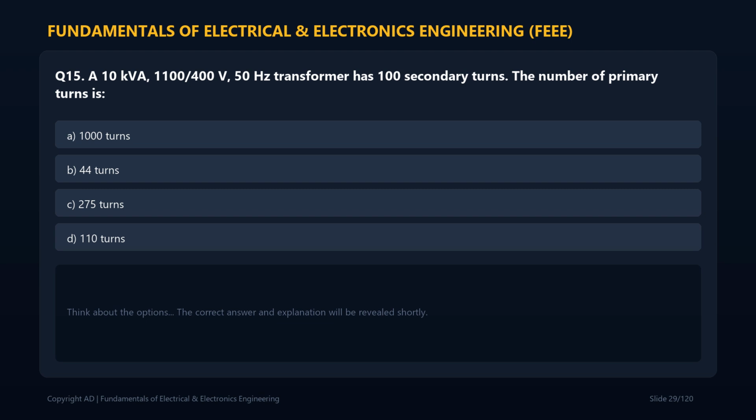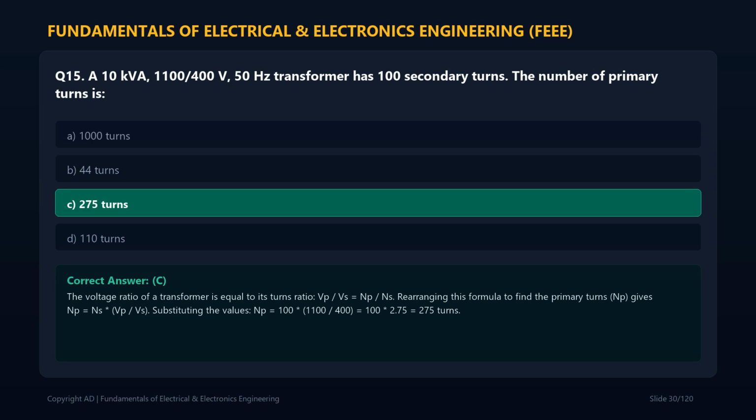Option D, 110 turns. The correct answer is C, 275 turns. Using the transformer turns ratio formula, the primary turns equal the secondary turns multiplied by the ratio of primary to secondary voltage, which yields 275 turns.